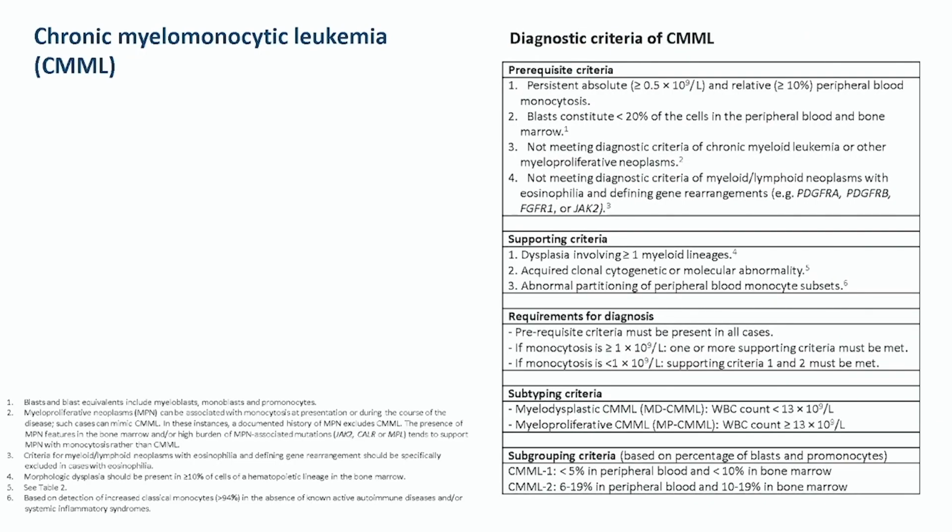For the diagnosis of chronic myelomonocytic leukemia, now we have the prerequisite criteria, which are mandatory: every patient has sustained monocytosis and a blast percentage, or blast equivalent as promonocytes, of less than 20%, and does not meet any diagnostic criteria for other MDS, MPN, or MBN, including MPN and MDS with eosinophilia.